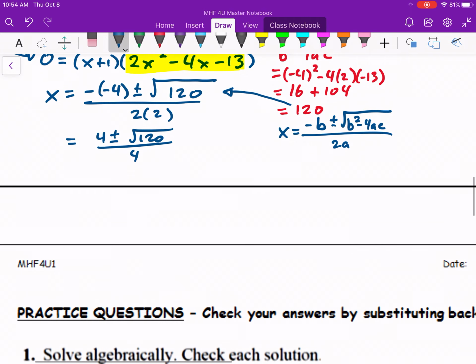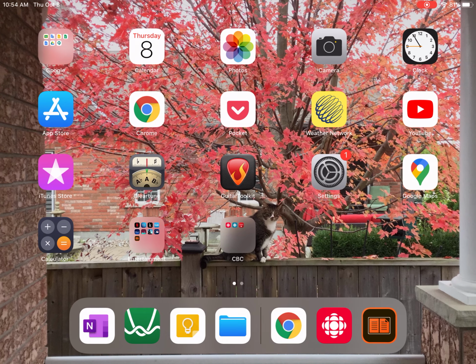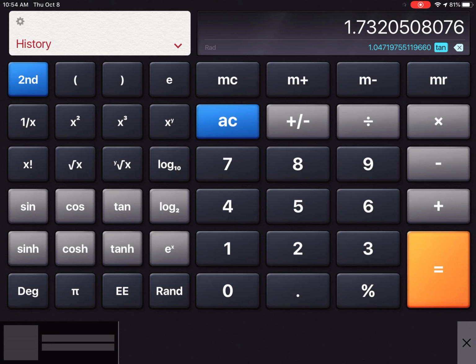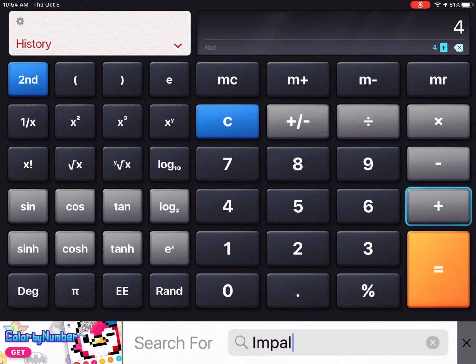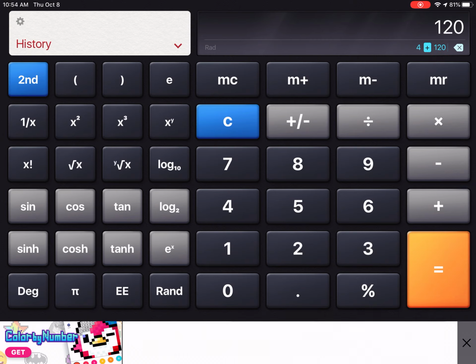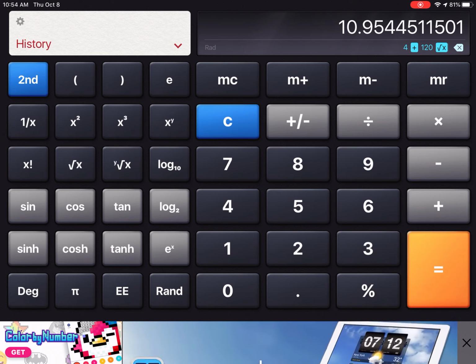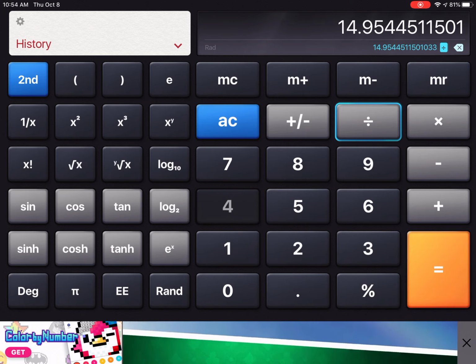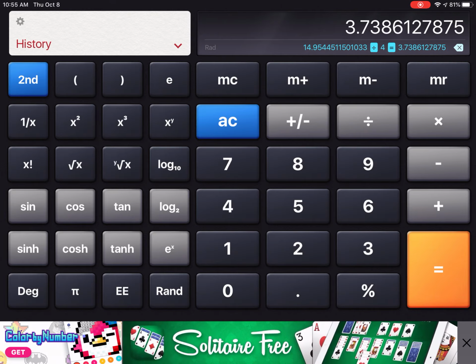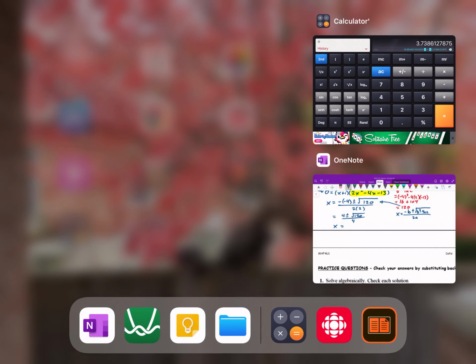And putting that in the calculator, so I would do 4 plus the square root of 120. Again, I think I have to do it in this order, yes. And then divided by 4. So I got 3.74 as one of my solutions.